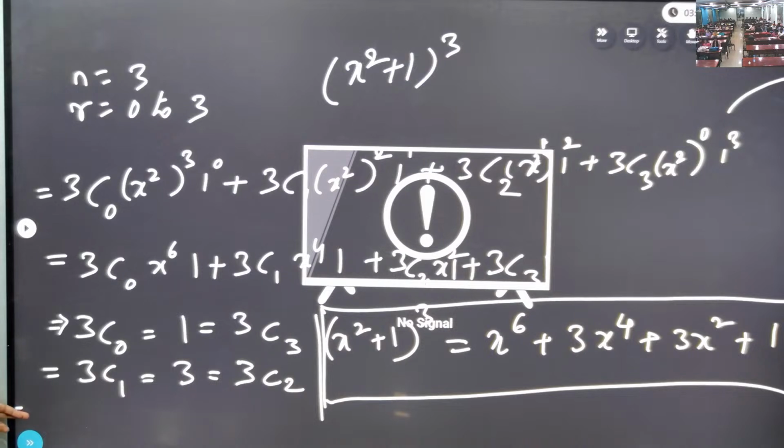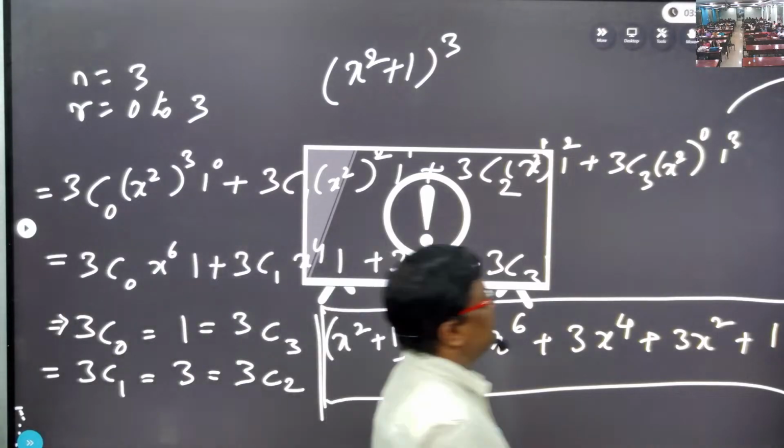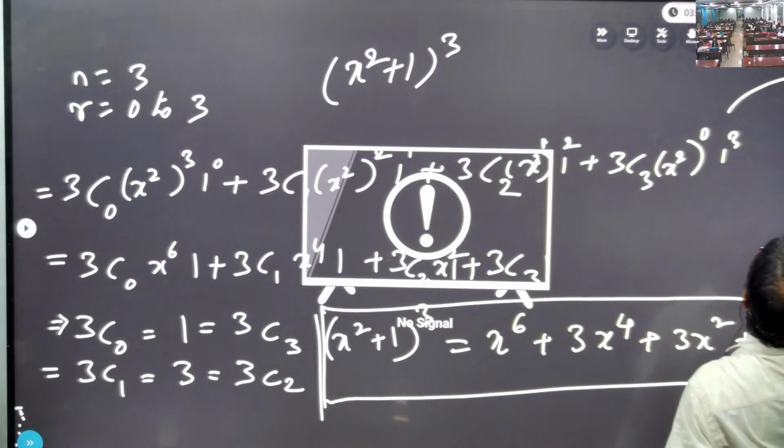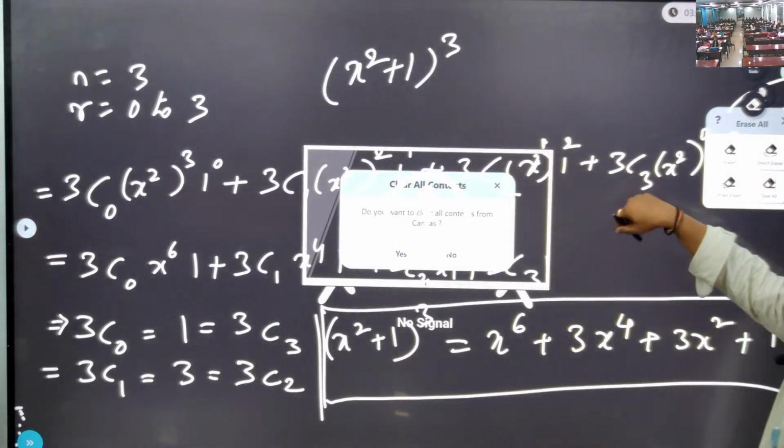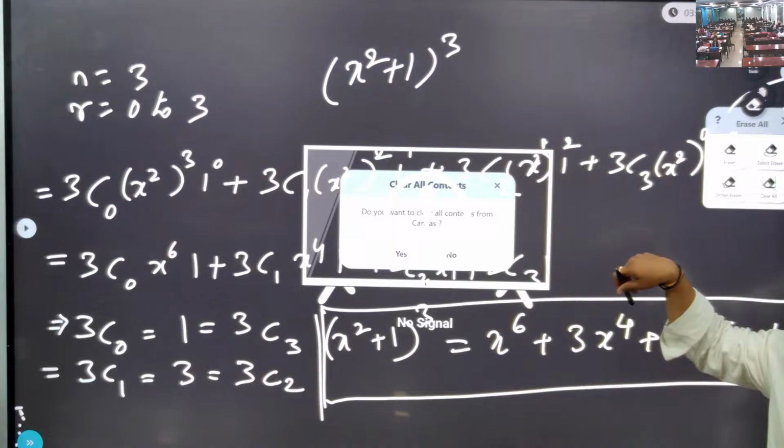Finish. Everyone finished? Boys and girls completed? Right. Next, write the question. Find the seventh term. I am erasing. Everyone has copied, right?